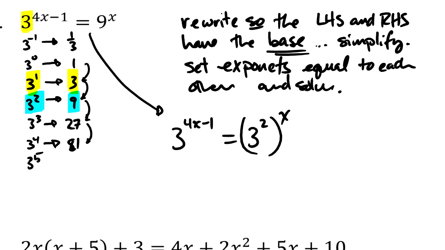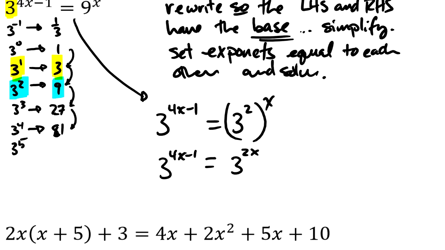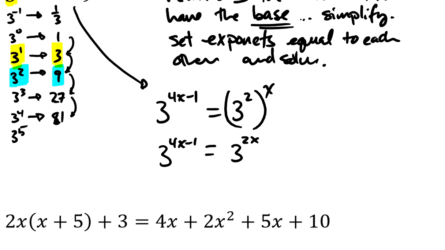So using one of our laws of exponents, I'm going to simplify this left-hand side. This has to be the base of 3 raised to the 2 times x power. And over on the right-hand side, this is 3 to the 4x minus 1. So again, the only way that these two quantities can be equal to each other is because they both have the same base of 3.